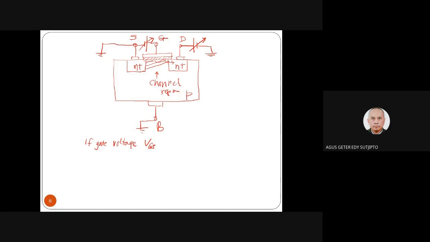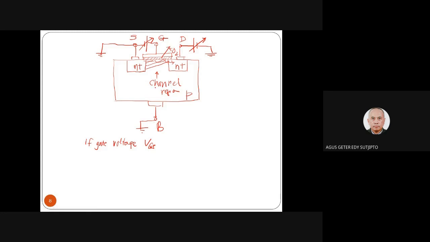We keep the positive in the terminal G, so then it will push the holes to the bottom, and then we create the channel region. The holes cannot move from the G to here because of the insulation. So this is, remember, SiO2.